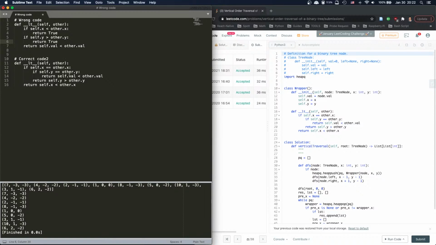Following the same logic, when we check on y, we see if the y are the same. If the y is not the same, then we return not the natural ordering of the y, because we want the larger y's to go first. So instead of self.y smaller than other.y, we actually go larger.